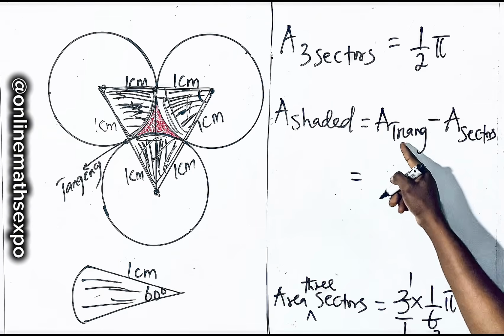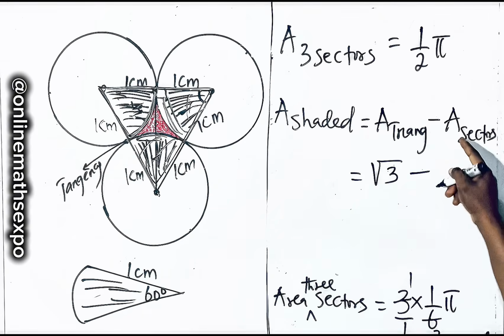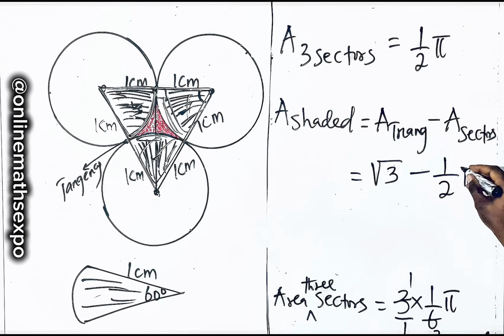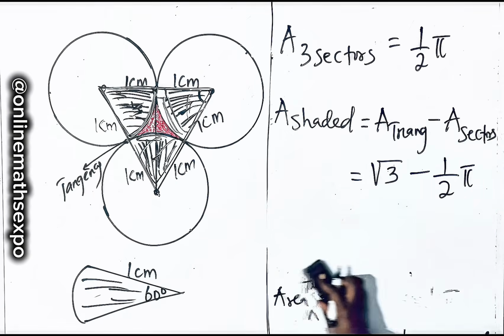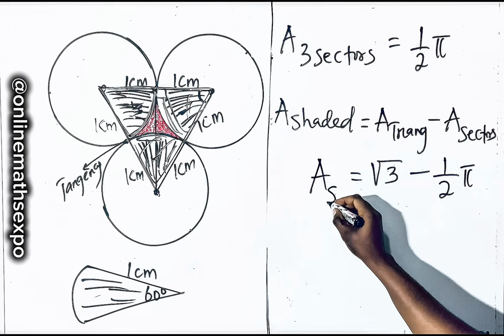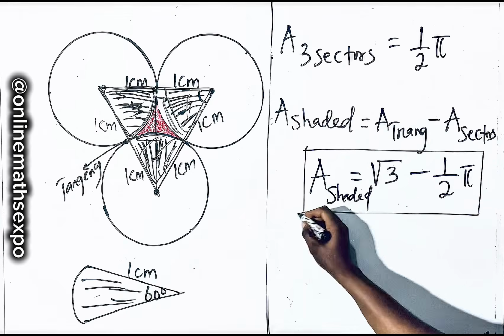Area of triangle, remember, is square root of 3, minus area of sector, which is 1/2 of pi. So this is what we have. Then you can leave it this way. So we have the area of the shaded given as this in square units.